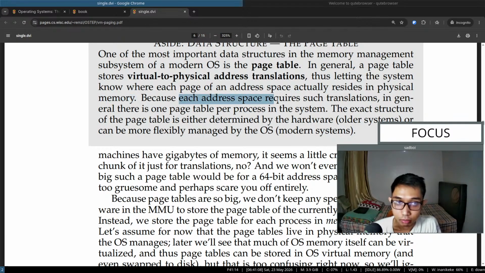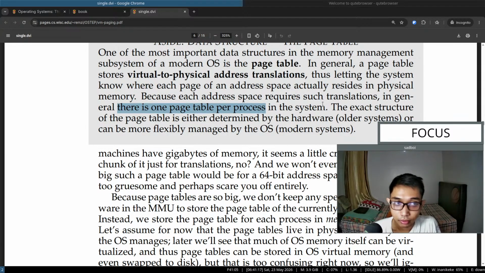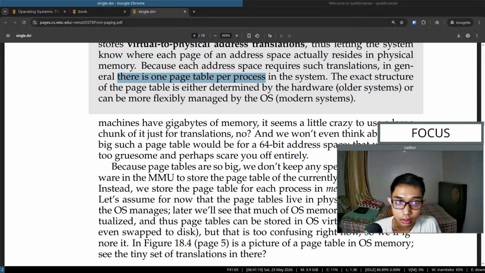Because each address space requires such translations, in general there is one page table per process in the system. The exact structure of the page table is either determined by the hardware of the system or can be more flexibly managed by the operating system, in a modern system.